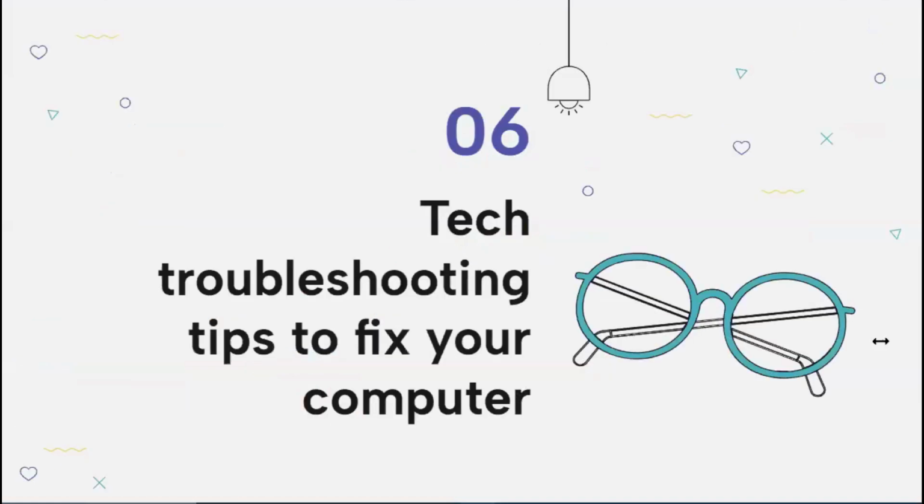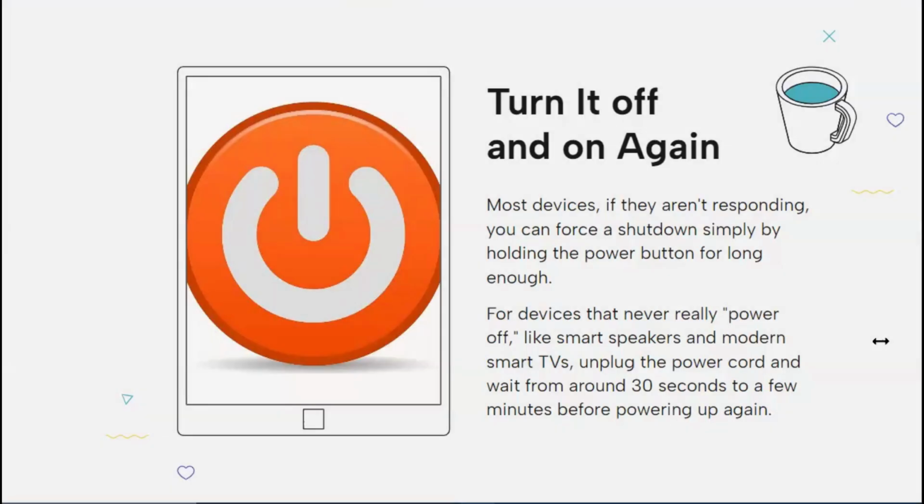Tech troubleshooting tips to fix your computer. How you fix a problem ultimately depends on what that problem is. It is often easier to restart the device and wipe the slate clean. For most devices, if they are not responding, you can force a shutdown simply by holding the power button for long enough.